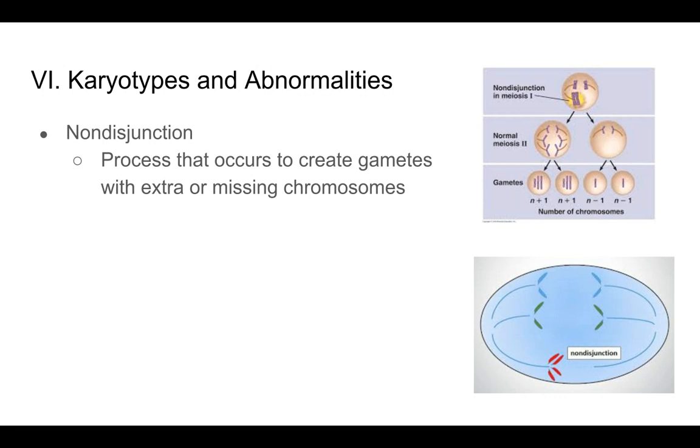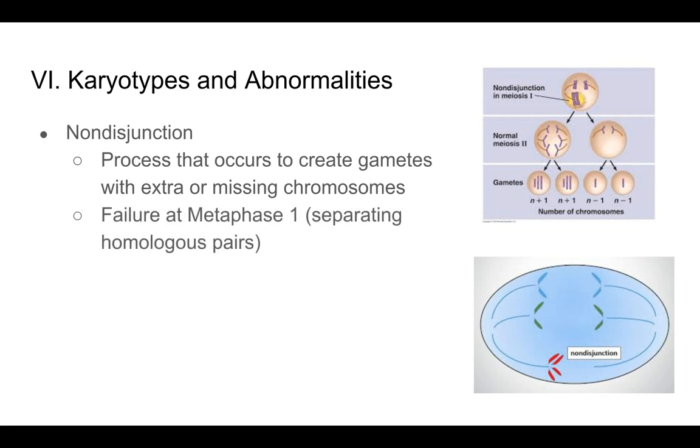So when those gametes fuse with another gamete, the offspring has too many or too few chromosomes in their starting cell, which then just gets copied and copied and copied. Mitosis, identical copying. So then all of their cells are either missing a chromosome or they have an extra chromosome in it as the embryo grows and as the fetus continues to develop.